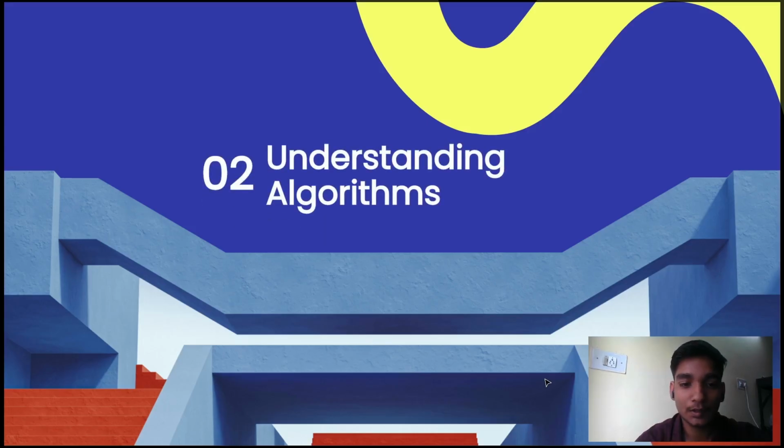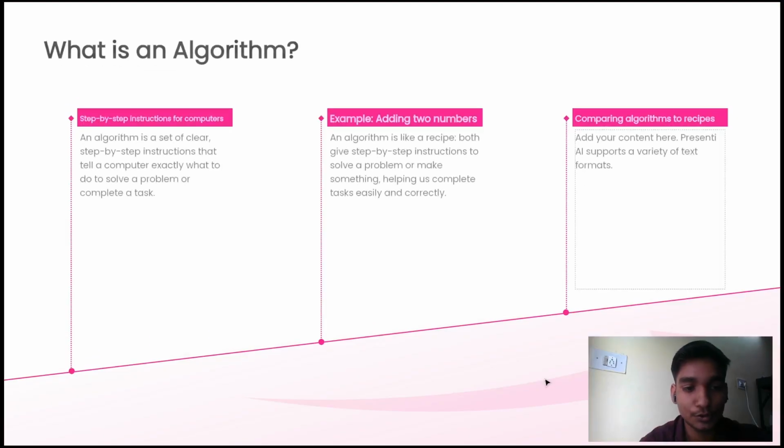We use an oval shape to show start and stop. We use a parallelogram to show input or output, like taking numbers from the user or showing results. We can use a rectangle to show a process, for example, adding or multiplying numbers. We use a diamond shape to show a decision, like checking if something is true or false.